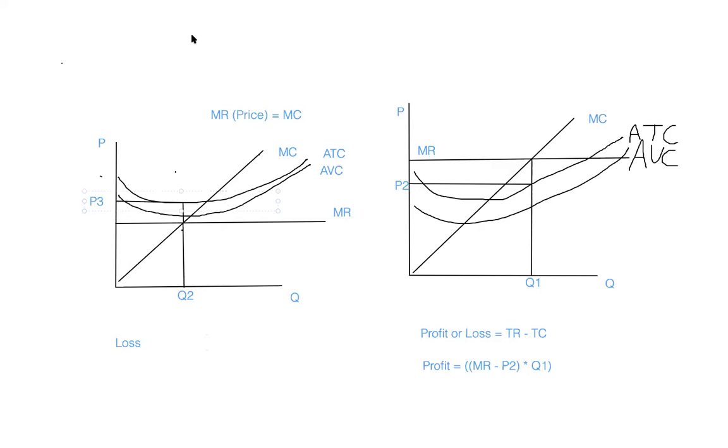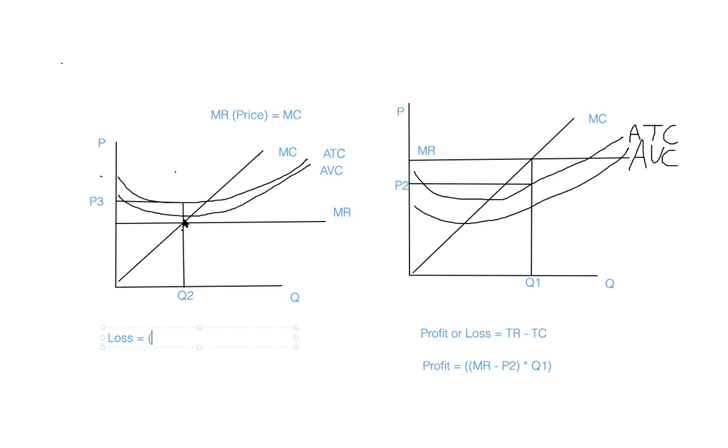Okay, so now when we're looking at our formula, let's try to plug in those numbers and see what we can come up with. So in this case, we're going to have the loss, and the loss is going to equal the total revenue minus the total cost.